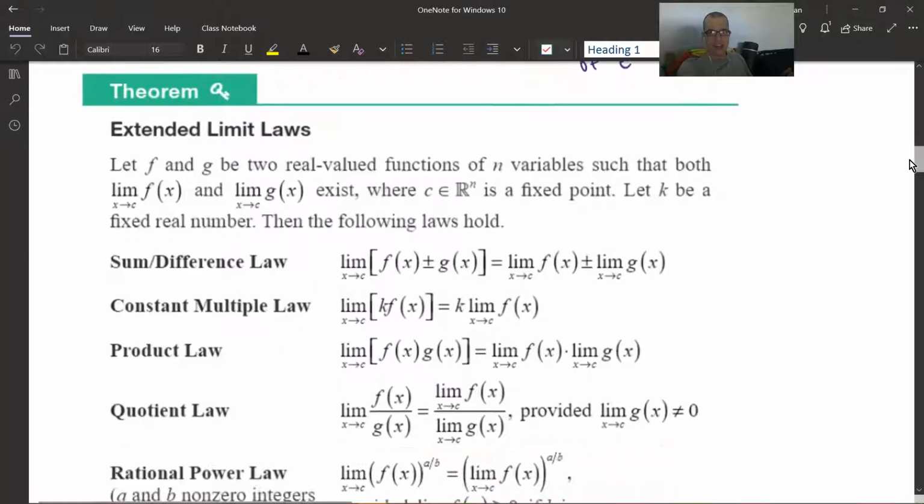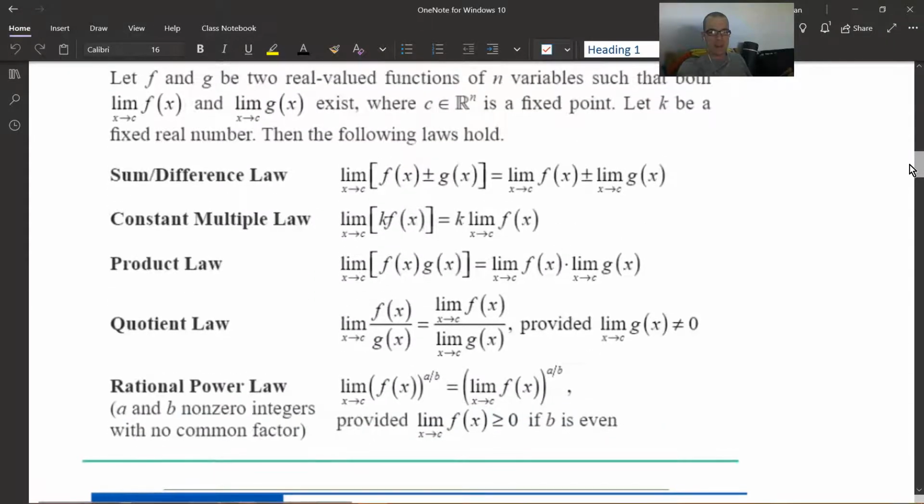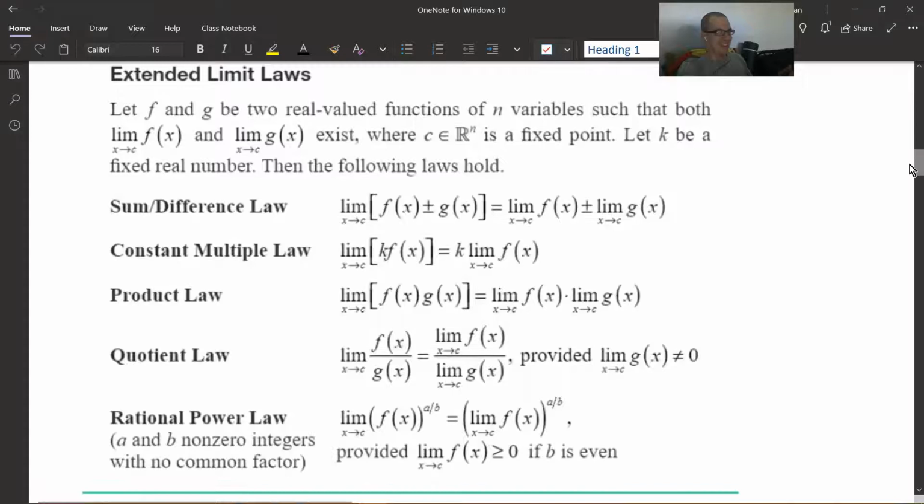As a quick aside, here we have limit laws, and these behave like you would expect them to. The limit of a sum is the sum of those individual limits. These all work like you would hope.